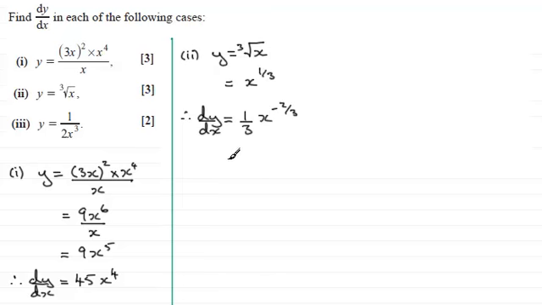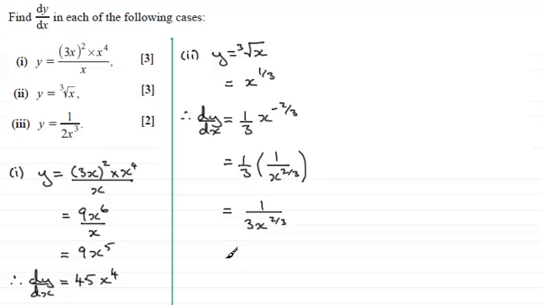But if you do want to go on to clean this up, then think of this as 1/3 multiplied by, and when you've got x to the power minus 2/3, this is the same as 1 over x to the power 2/3. We just remove the negative sign and put it underneath the 1. And cleaning this up further gives us 1 times 1, which is 1, and this is all divided by 3 times x to the power 2/3.